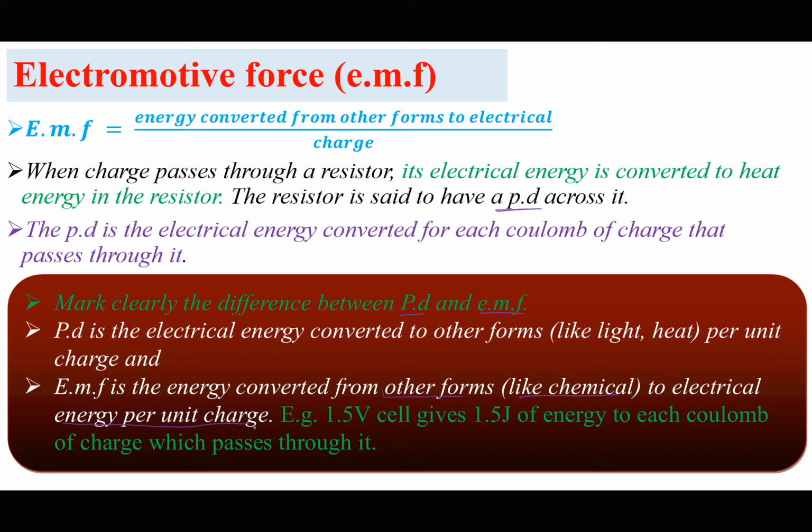So that is the difference. For example, a 1.5 volt cell gives 1.5 joules to each coulomb of charge which passes through it. If the cell has 1.5 volts, we expect that it gives 1.5 joules of energy to every one coulomb of charge which passes through the cell. That is what we call the EMF.